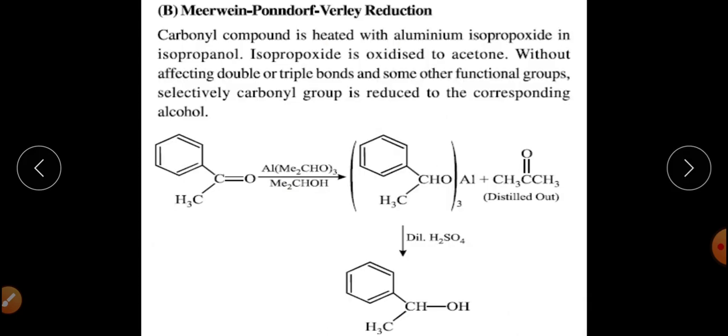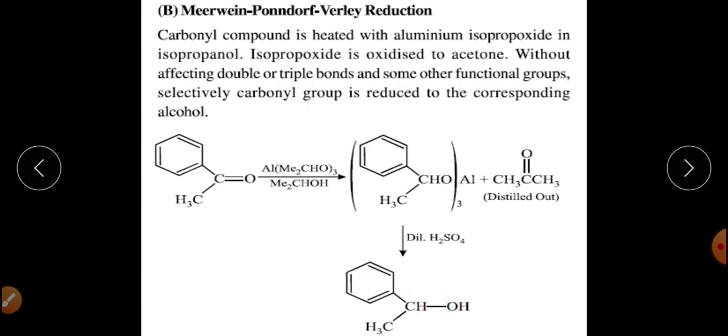Now some more reactions of aldehydes and ketones, that will include the MPV reduction. You have studied this reaction in the formation of alcohols in your previous semester. In case of MPV reduction, we generally use ketones, right? And this ketone on reaction with aluminium isopropoxide in presence of isopropyl alcohol will get converted into alcohol, right?